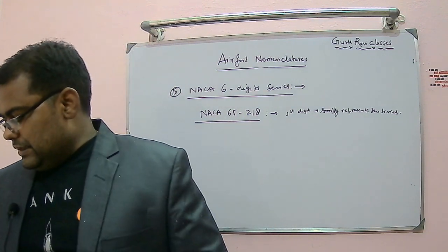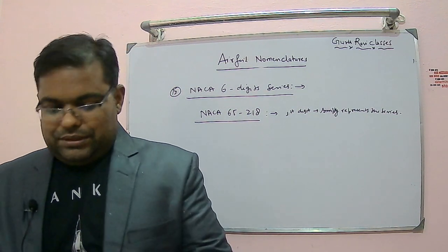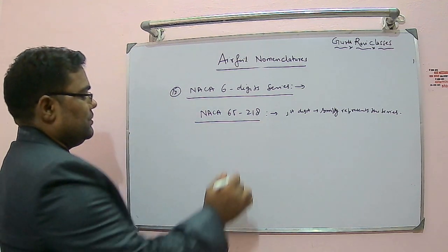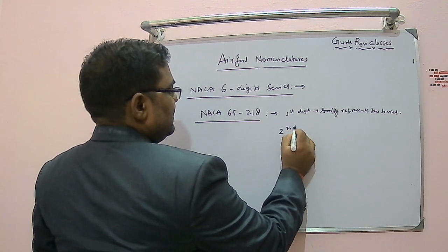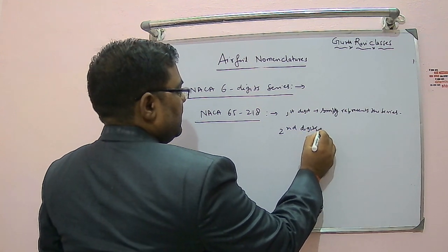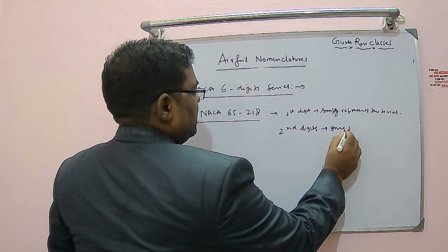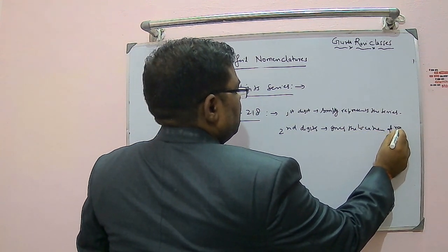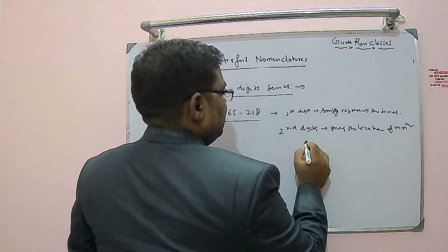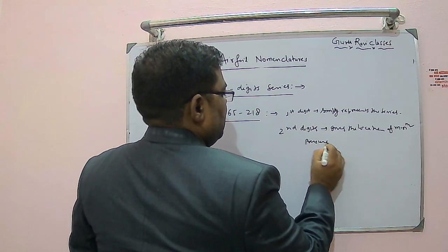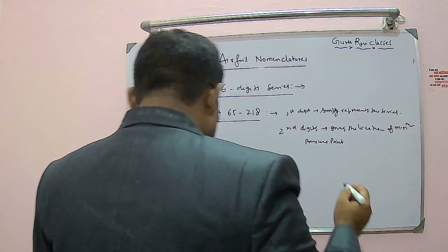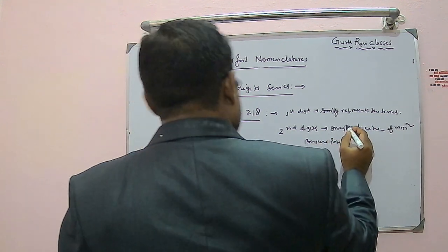The second digit gives the location of the minimum pressure point in tenths of the chord.